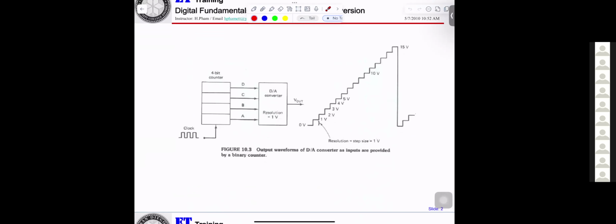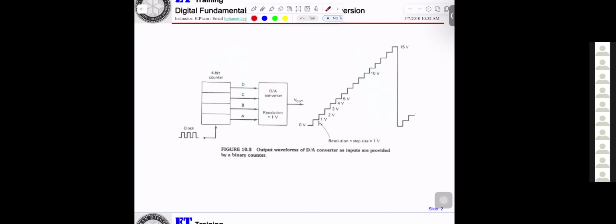Now, this is a 4-bit D-to-A converter. The output waveform of the DA converter: the inputs are provided by a binary counter. You get a 4-bit binary counter.